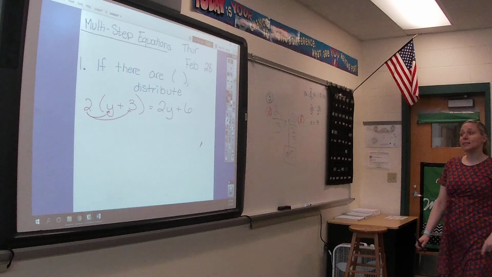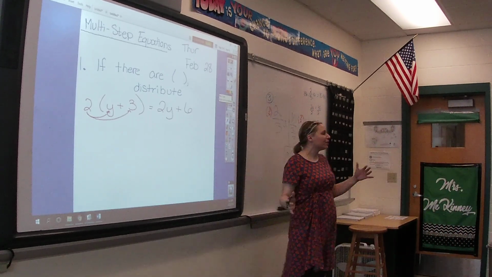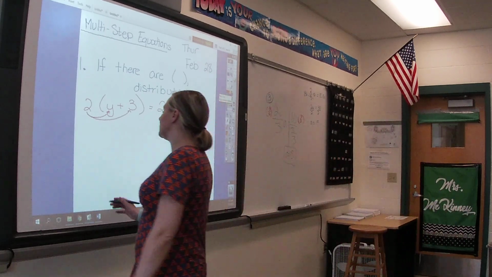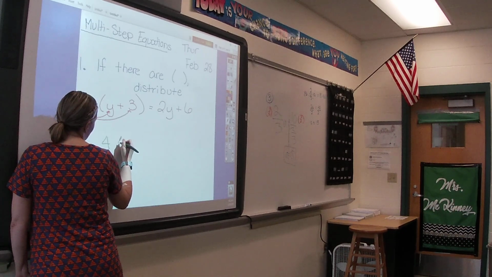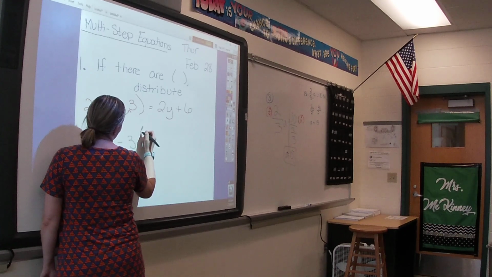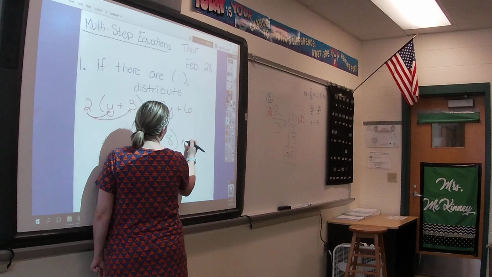Okay, where I see the mistakes is when the parentheses fall amongst other stuff in the equation. So maybe we have an equation that says 4 minus 3 times the quantity 2y minus 8.